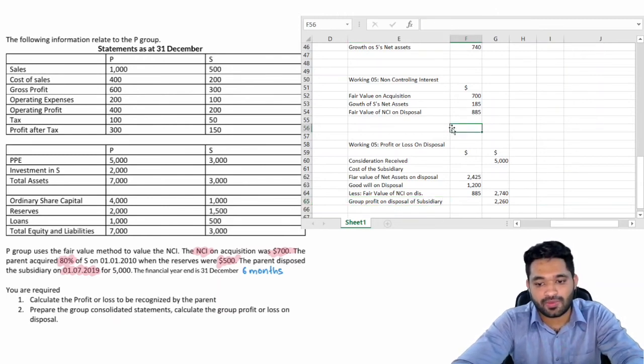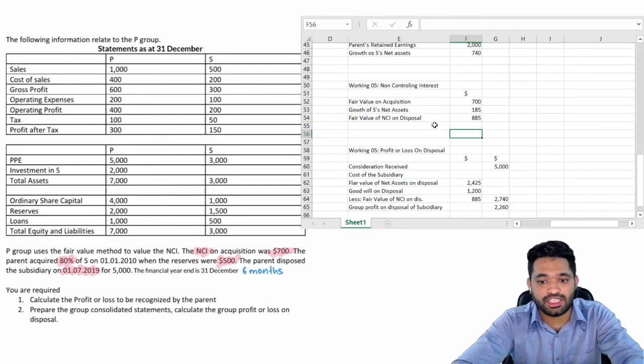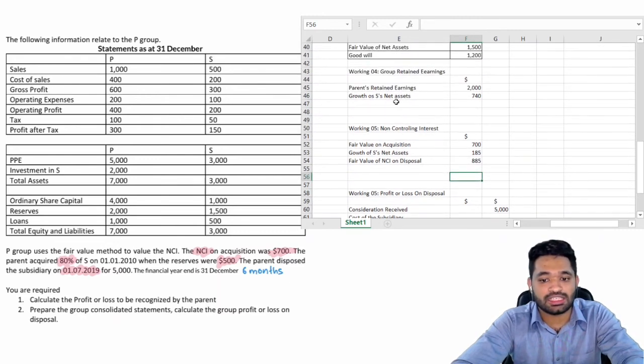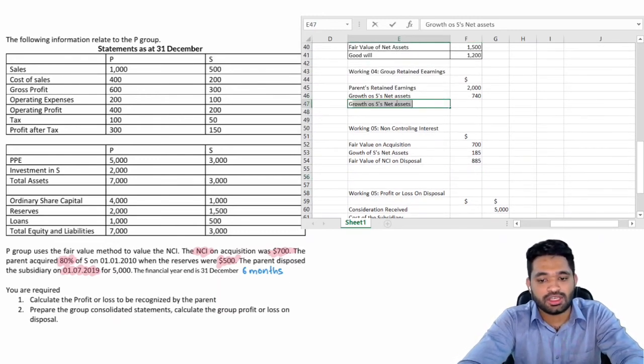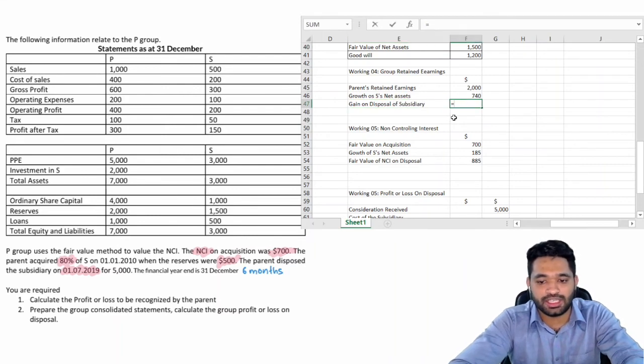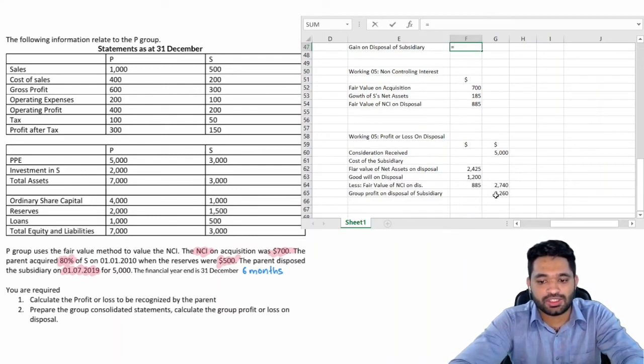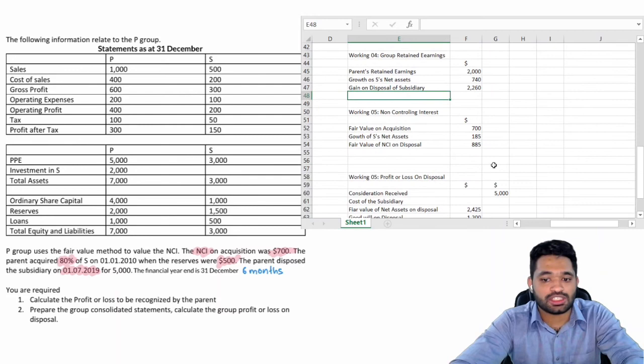So this 2,260 needs to be taken into our group retained earnings. So gain on disposal of subsidiary, that is going to be 2,260. That is where you show it in your statement of financial position.